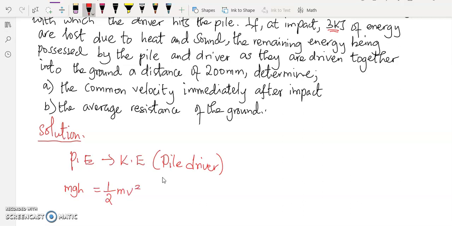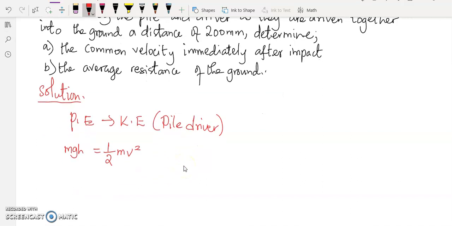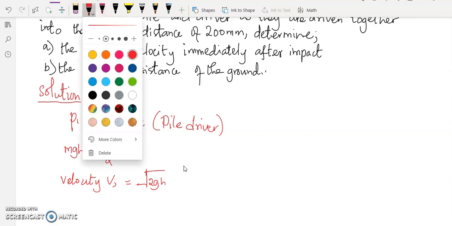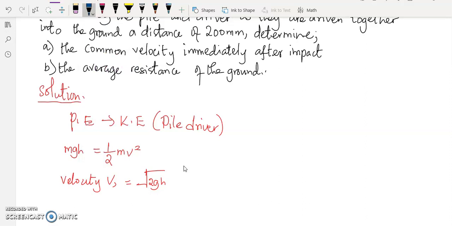From this equation you can get the velocity at which the pile driver hits the pile. We manipulate this equation so that v is equivalent to the square root of 2gh. We already tackled this in class, and I believe you know how this comes about.